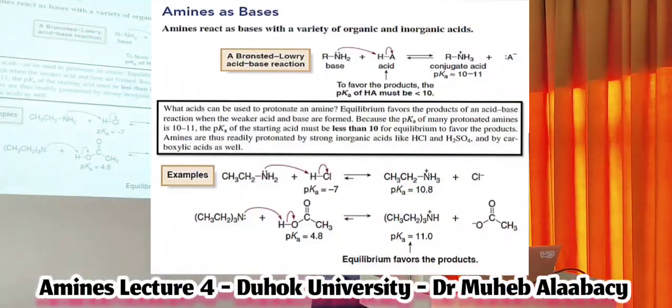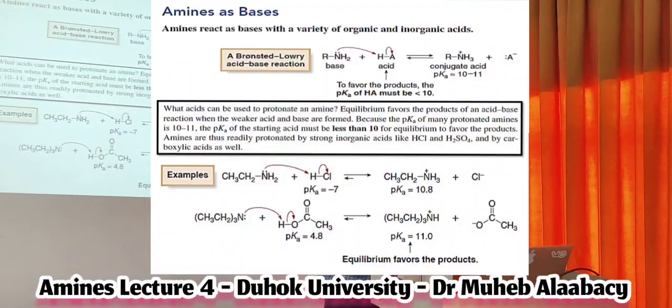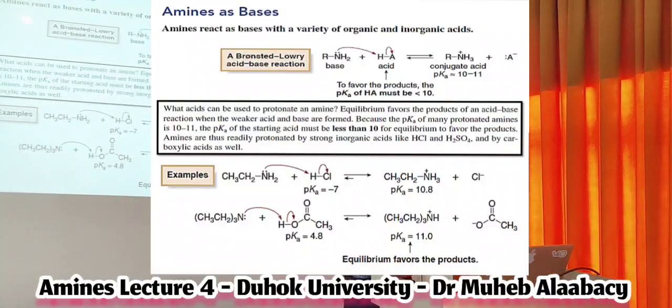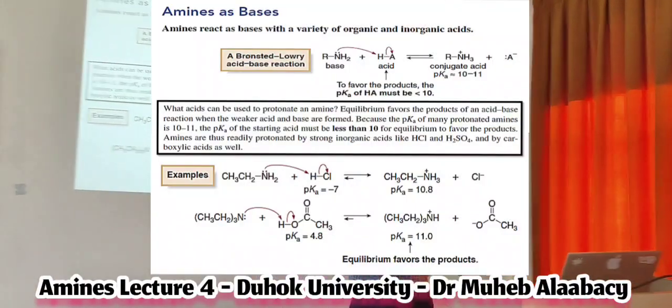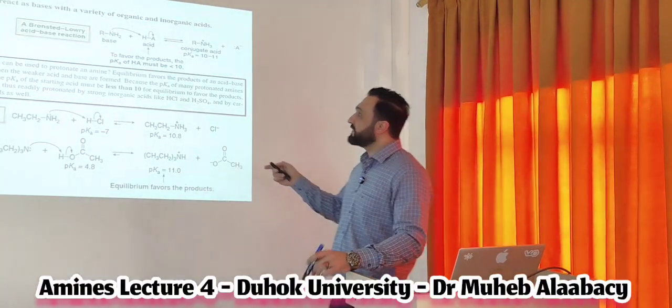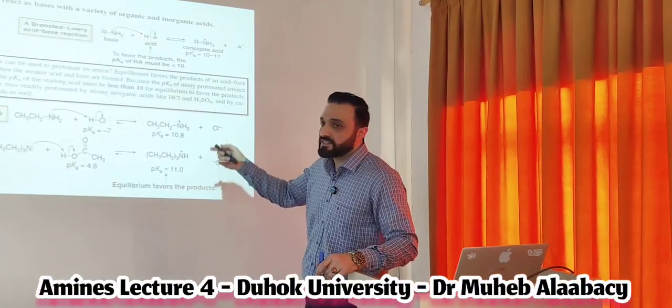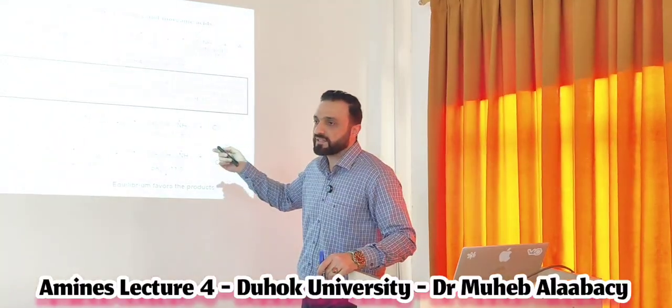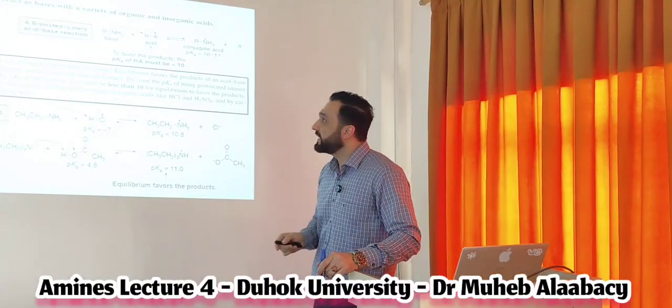Okay. So what we have in this slide: amines as bases. Amines react as bases with a variety of organic and inorganic acids, like HA, HCl, HBr, H2SO4, any acid.